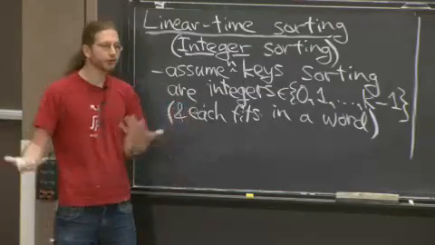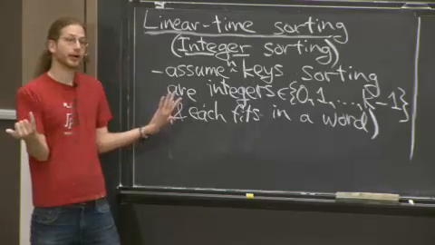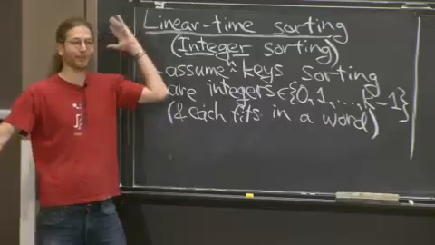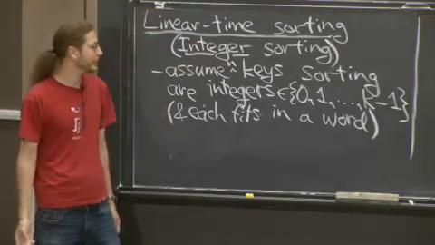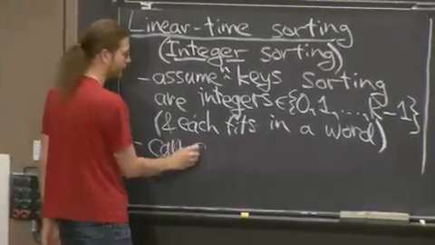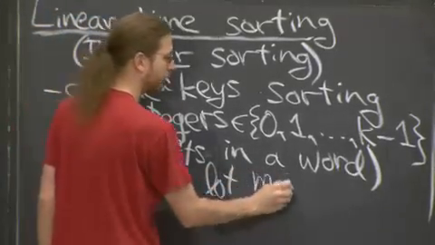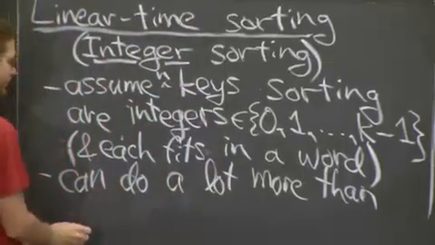So we've got a bunch of integers. Each one fits in a word. I could compare them. That takes constant time. Or I could add them, or subtract them, or multiply them, or divide them, or do whatever I want. It turns out you can do a lot more than comparisons. And it turns out this will help us.